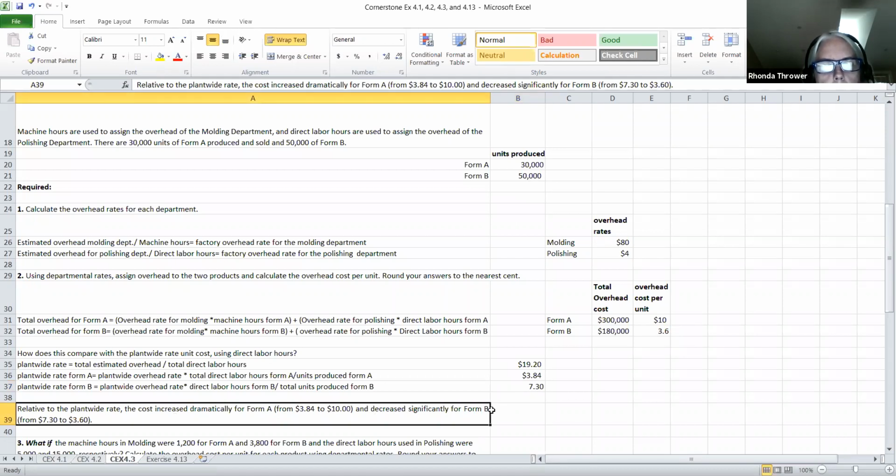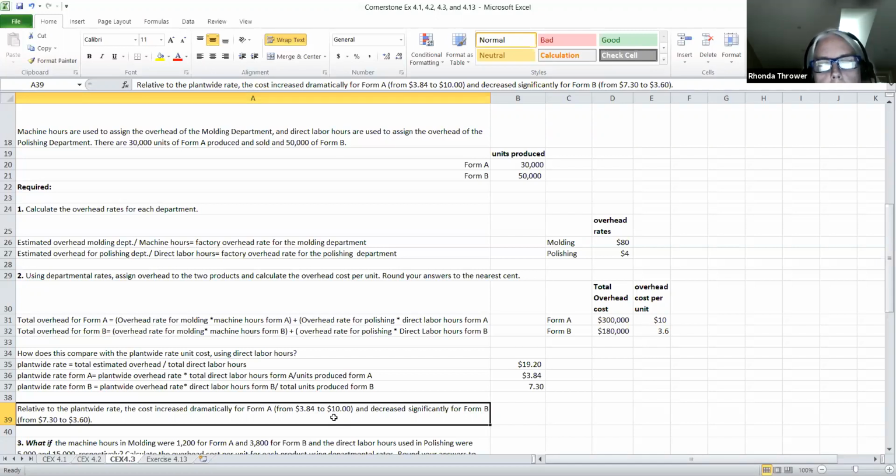The plant-wide rate was $3.84, but the overhead rate, if we calculated it based on departments, is going to be $10 for Form A. So it's a comparison of $3.84 to $10. That's a big wide gap there.